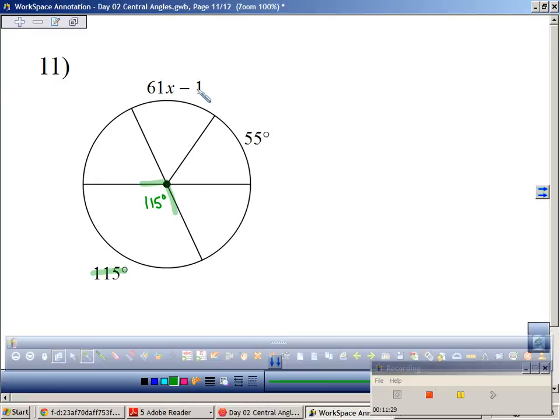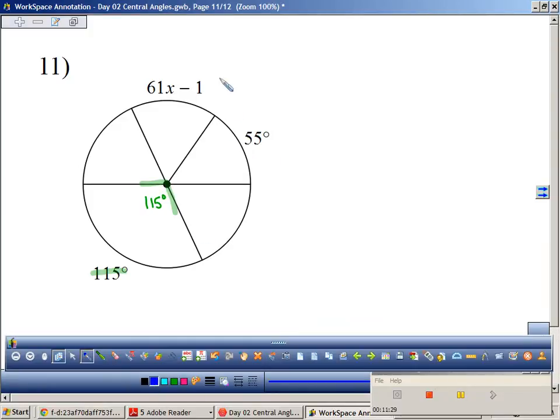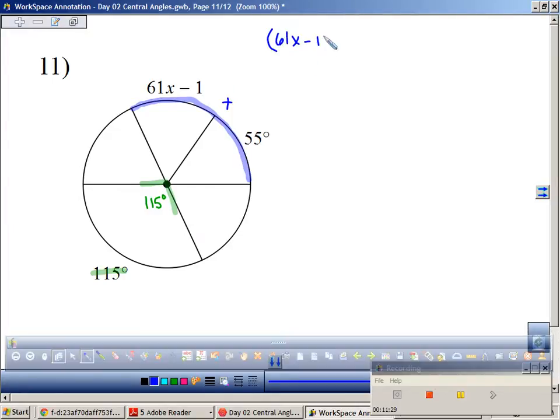Well, I have this value here and this value here. Notice that by combining both arcs, I would have this arc, which is 61x minus 1.